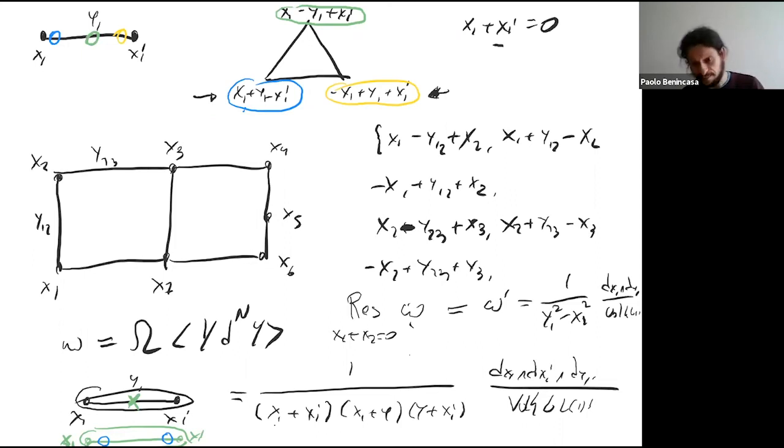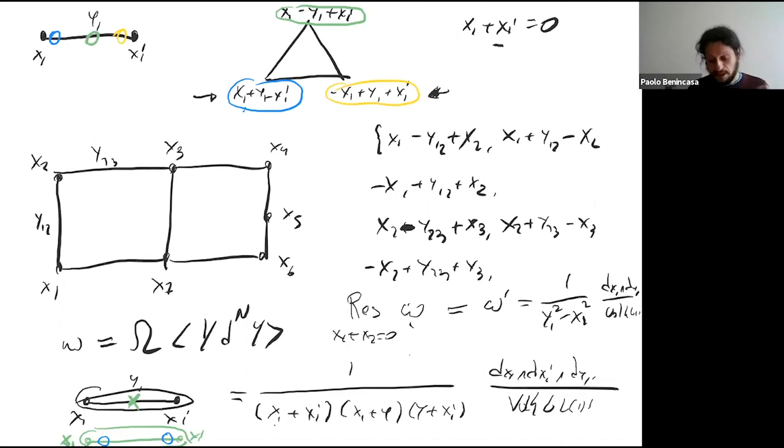And here it is the same. In fact, in this specific case, saying that I'm looking at the residue of the wave function for x1 plus x1 prime equals 0, I'm saying that I'm looking at a configuration in kinematic space where I restore energy conservation, and so I should get all the physics associated to flat space.